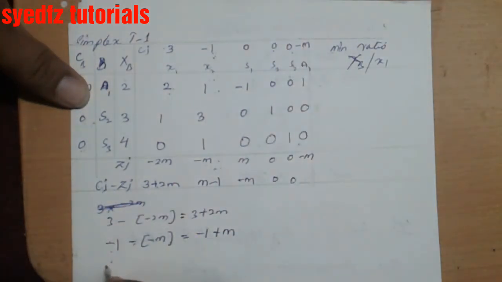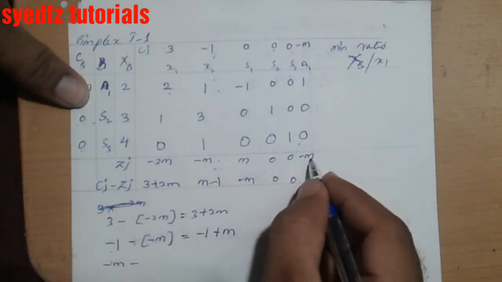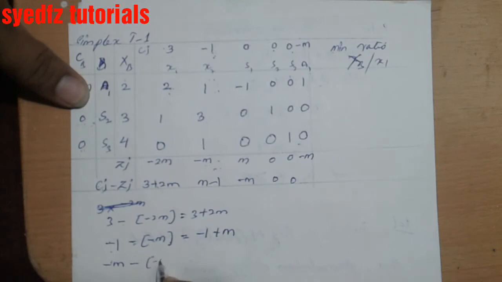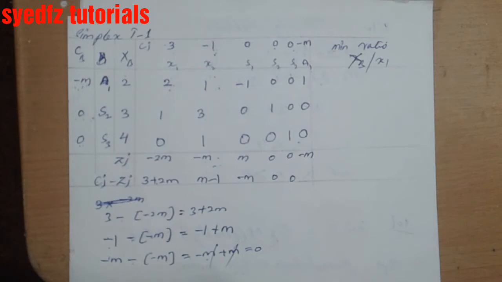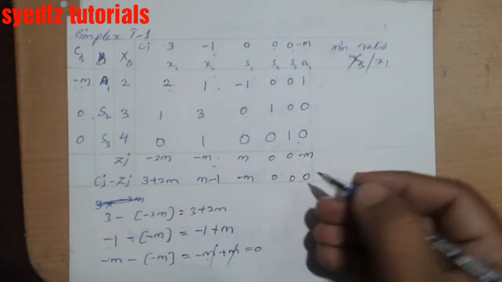Minus m, and minus the same remain. Zj is minus m, take it in bracket. This is the minus m, minus into minus plus m, minus m plus m deduct, so answer is 0, so take 0.